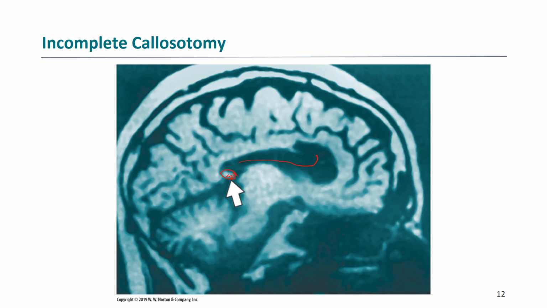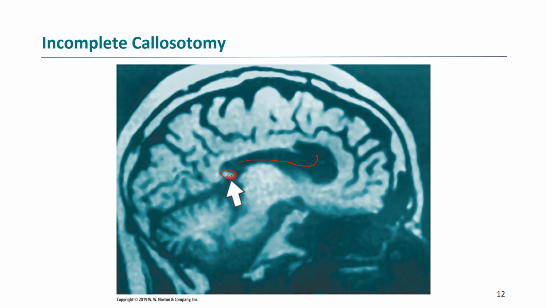A mid-sagittal cut would sever all of the commissural connections. The hemispheres are capable of functioning independently. There is no connection. But in this one, where you leave a little bit of a piece, the splenium, indicated by the arrow, was spared in the split brain procedure performed on this patient.